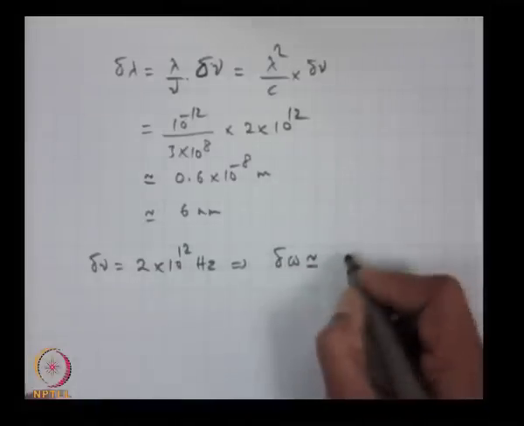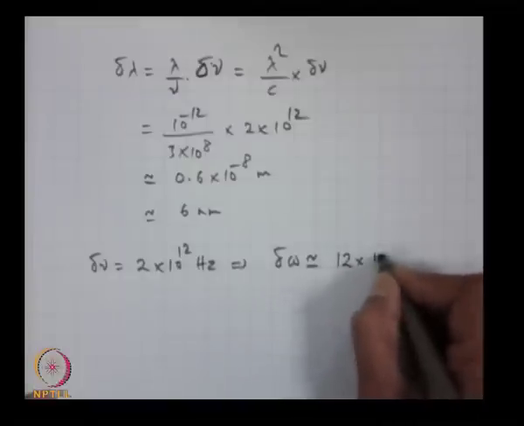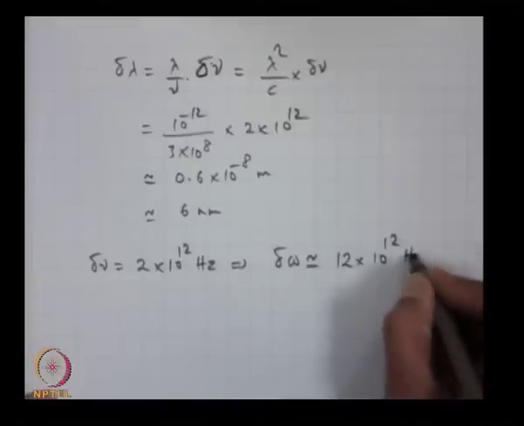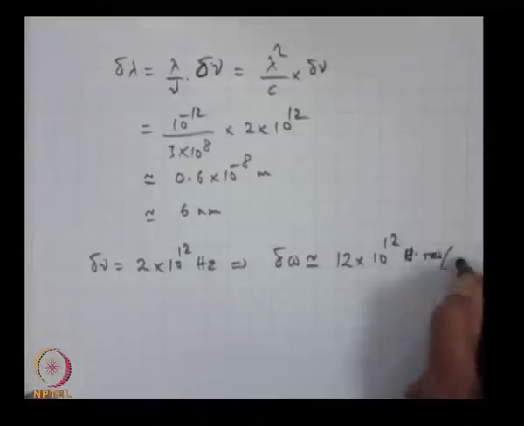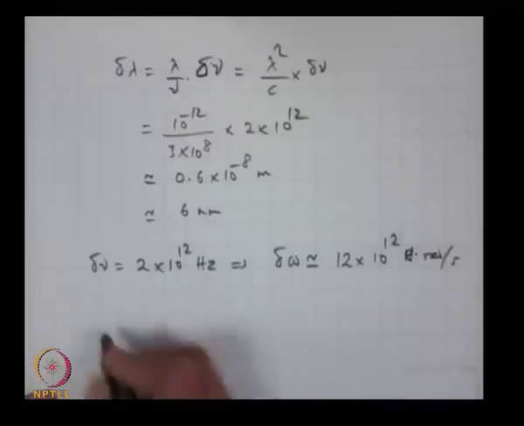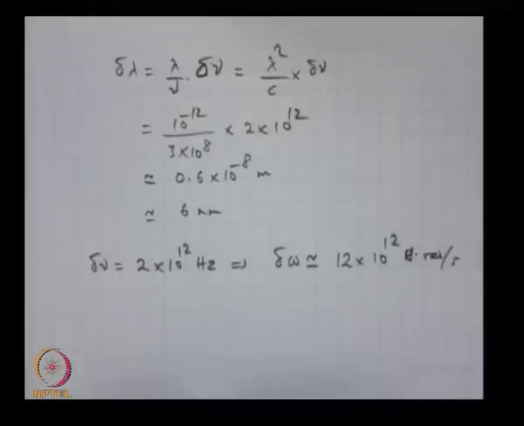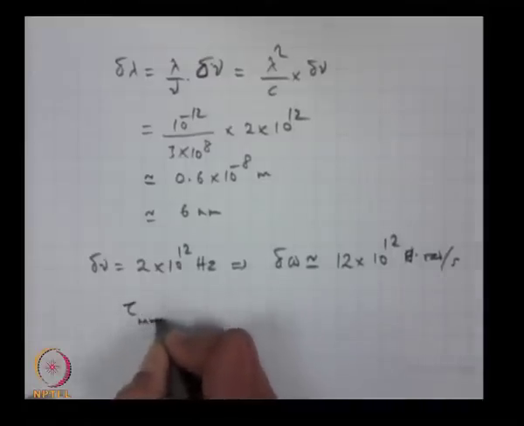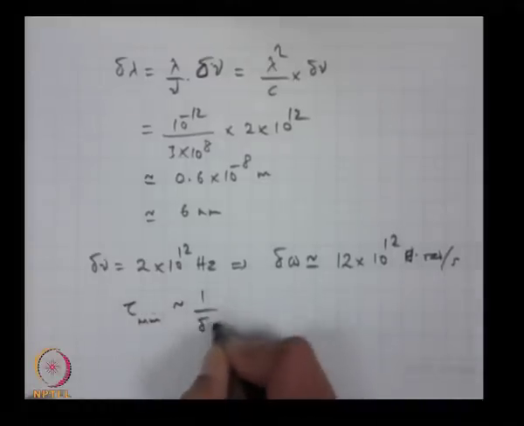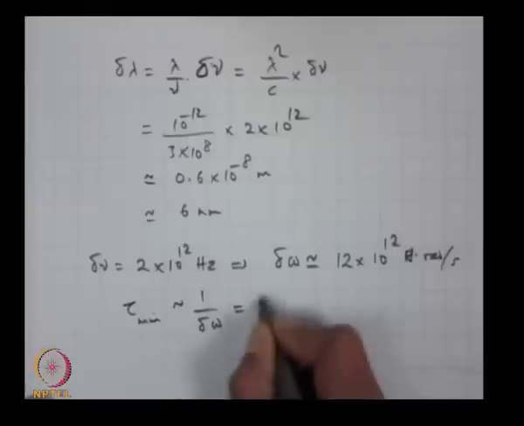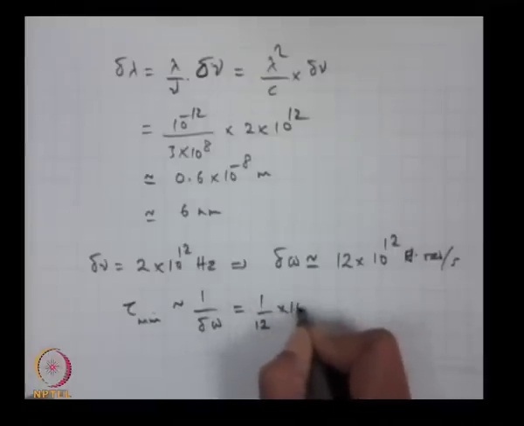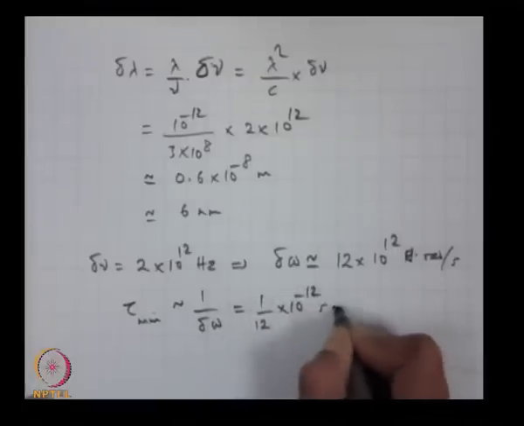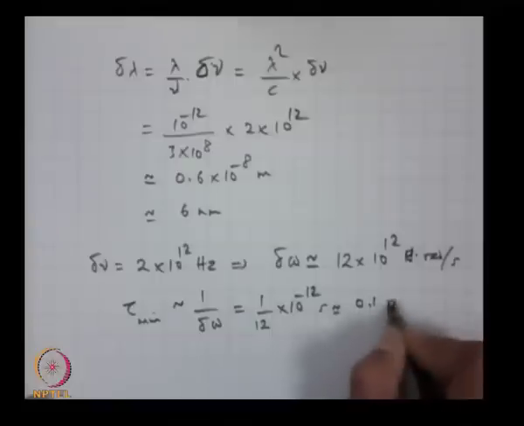So that's 12 into 10 to the power 12 radians per second. So what is the minimum pulse width to which this pulse can be compressed? It is of the order of 1 by delta omega, which is 1 by 12 10 to the power 12, which is 10 to the power minus 12 seconds, about 0.1 picosecond.